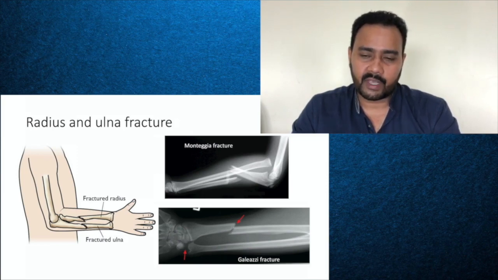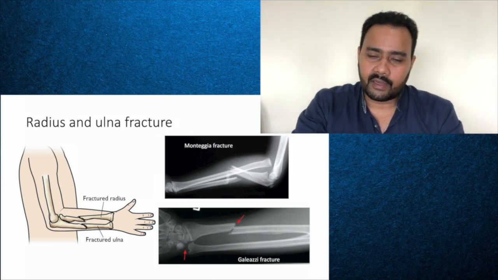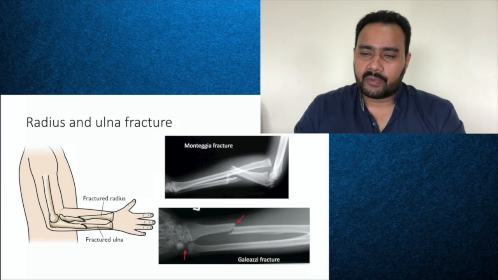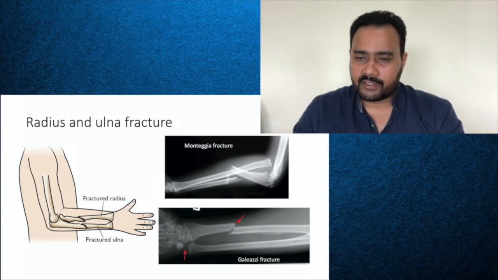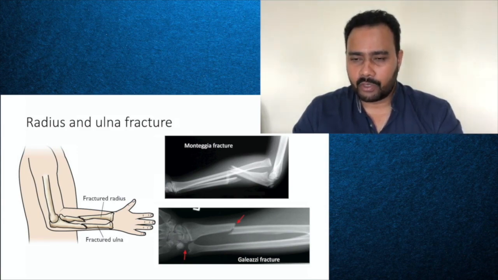So that is what we have to understand. That is the radius and ulnar fractures. Remember, one is called Monteggia fracture, and the other one is called Galeazzi fracture. You can just refer to the books for Monteggia and Galeazzi fractures.